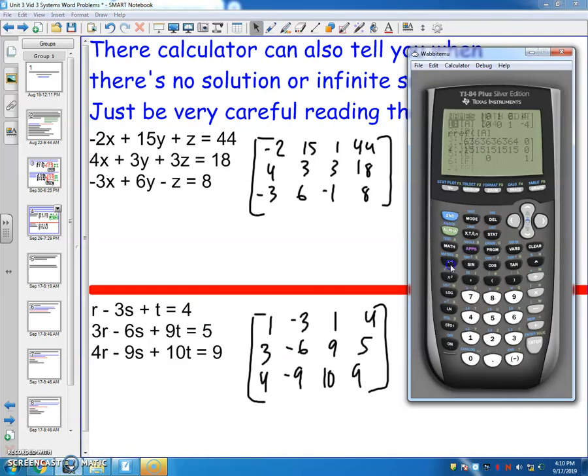So second matrix, edit, 3 by 4. That is positive 1, negative 3, positive 1, 4, 3, negative 6, 9, 5.